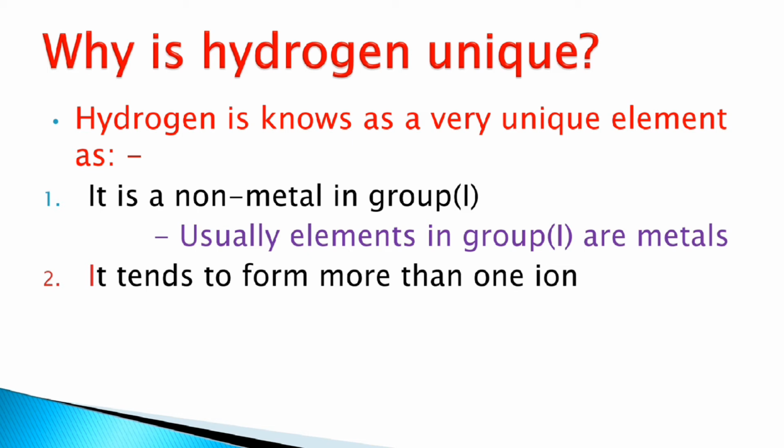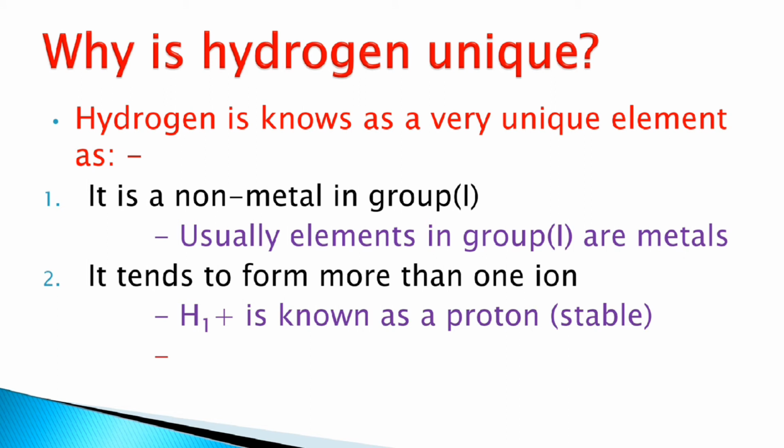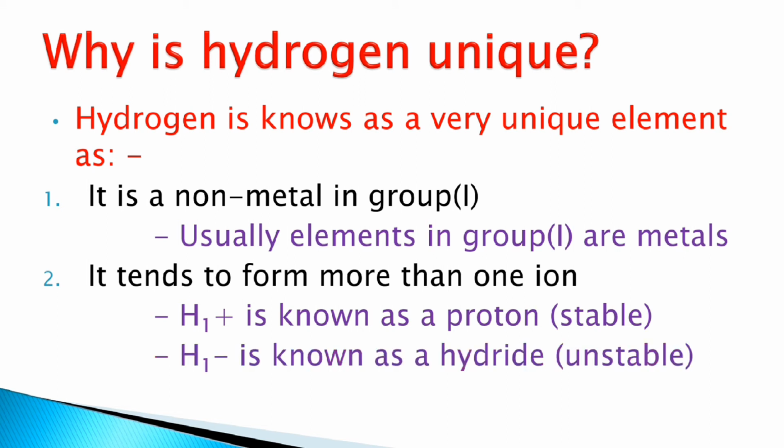As you can see, H+ is known as the proton and it is stable, and H- is known as the hydride and it is unstable. It can exist in more than one ion form. So this makes hydrogen unique. If you have studied the periodic table well, there is a very unique doubt: why is hydrogen placed in group 1? We will discuss it later on.